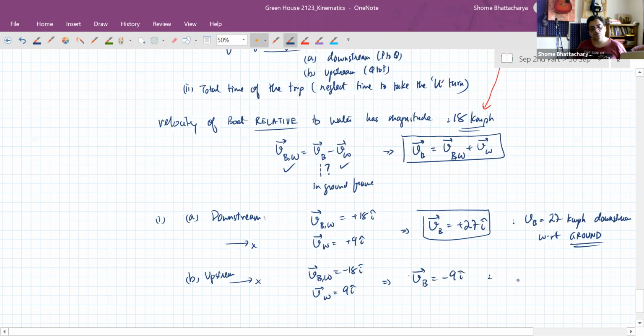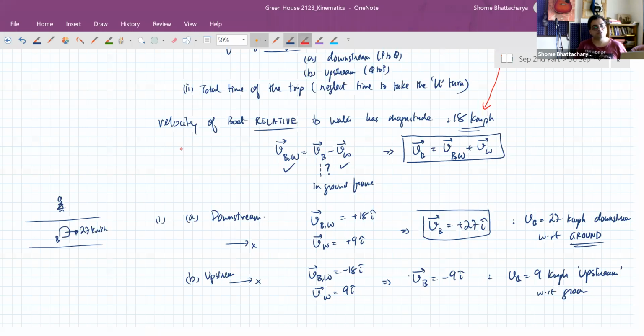So we can say that the velocity of the boat will be 9 kilometers per hour upstream with respect to ground. So when the boat is going downstream, an observer on the ground will observe the boat to be moving at 27 kilometers per hour. And same thing when the boat is coming upstream, after taking the U-turn, he will observe it to be moving at 9 kilometers per hour.